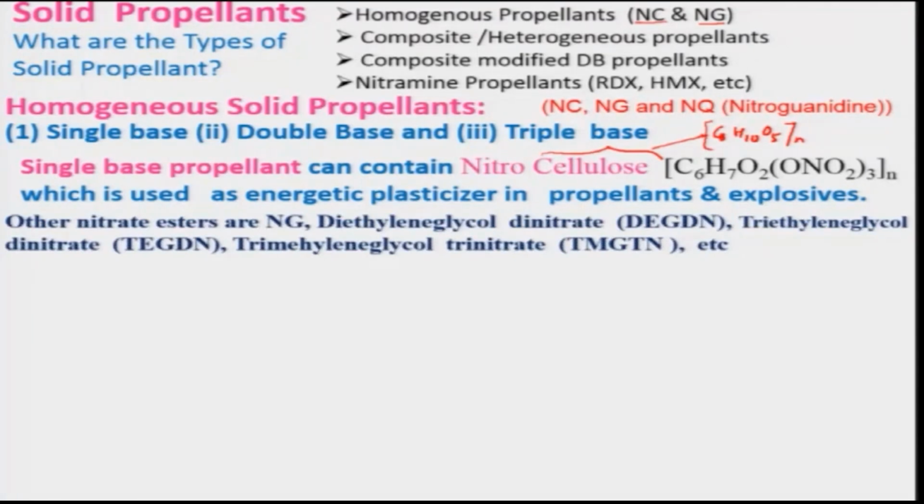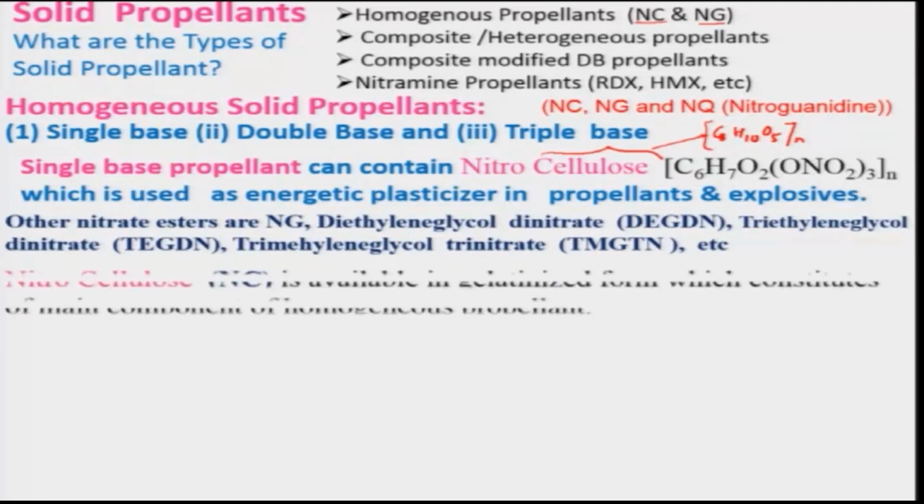Other nitrate esters are nitroglycerin, diethylene glycol dinitrate, triethylene glycol dinitrate, triethylene glycol trinitrate, and several others which are being used. But as I told earlier, the most popular ones used in the double base propellant are nitrocellulose and nitroglycerin, as they are quite cheap and easy to manufacture.